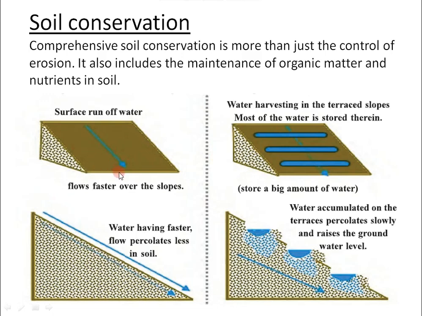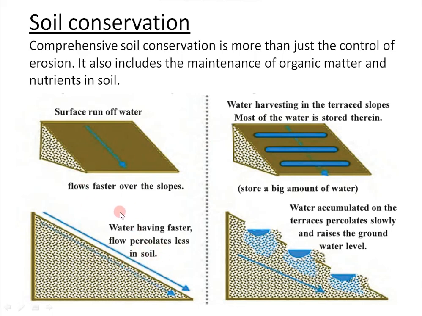We can see that the surface runoff of water is faster, meaning the water flows over the slopes fast. Because the water flows fast over the slope, water percolates into the soil less, or we can say the soil absorbs less water. So this is also one reason for soil erosion.